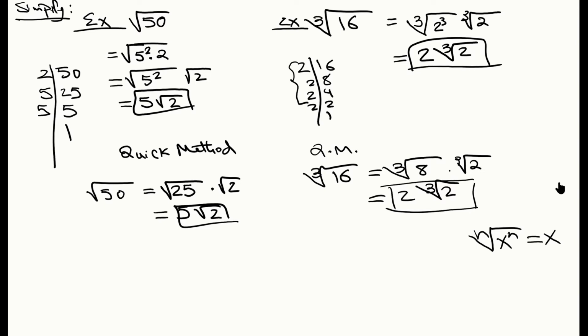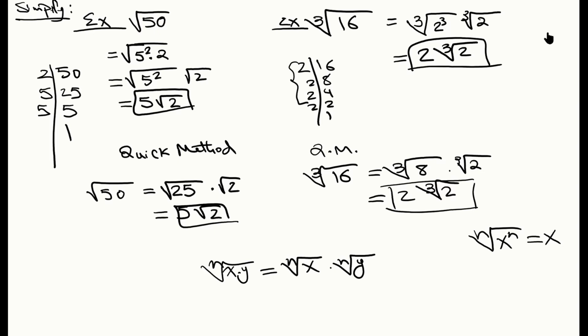So notice the trick that we're using is basically we're splitting up one radical using the rule that says the nth root of x times y equals the nth root of x times the nth root of y, into two radicals like this.